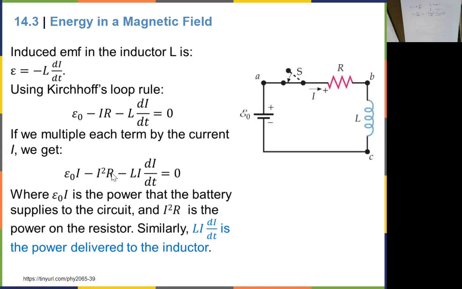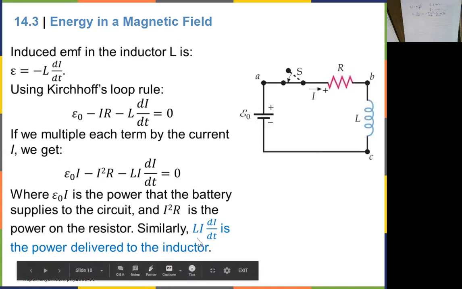This is the power on the resistor. So the third term here should also have the dimension of power. So this is actually the power delivered to the inductor, this term L I di over dt.